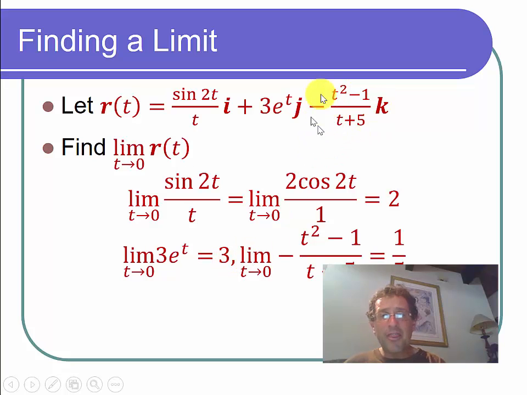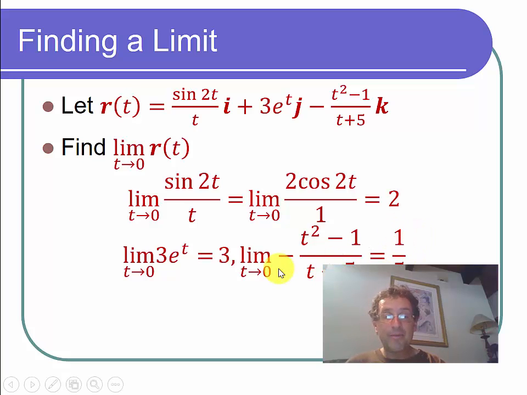And then similarly, for the third component, the k component, we take the limit as t goes to 0 of t squared minus 1 over t plus 5. And again, this is continuous also because the denominator is non-zero. So we get negative 1 over 5 when we plug in 0.